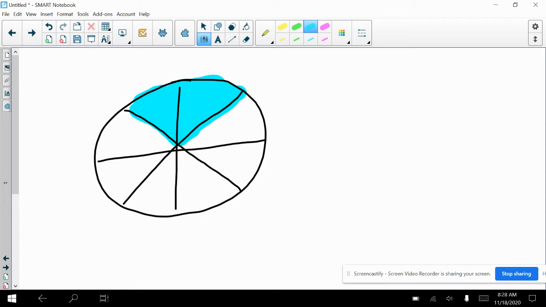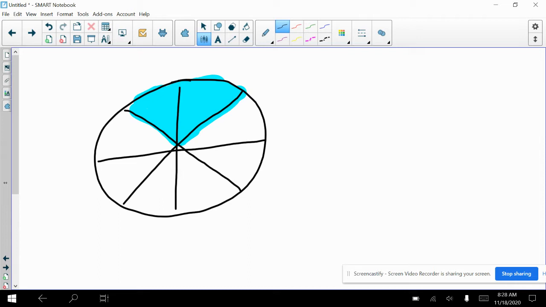So we have that. Question number 1. We'll start with the fraction because that might be easier. What's the fraction of the shaded parts to unshaded parts?